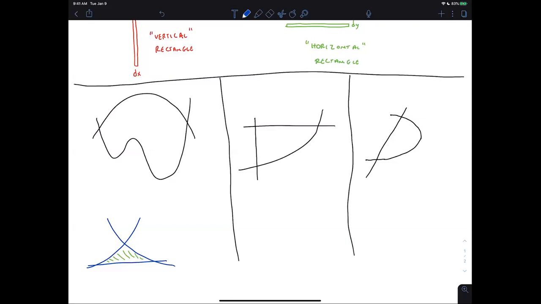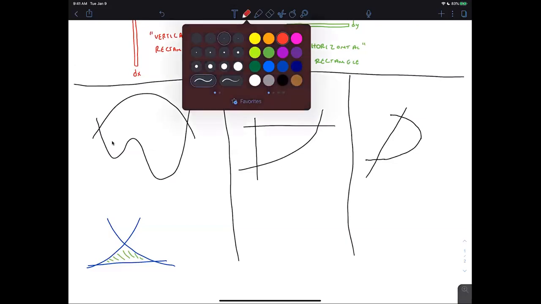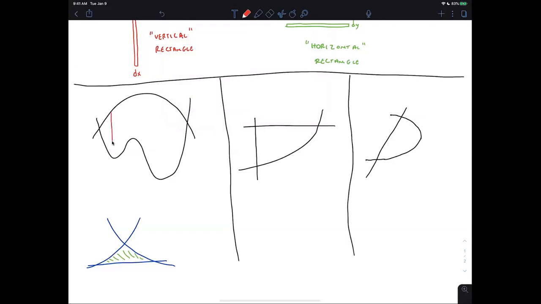Okay, so let's look at it. If we look at the one on the top left, would a vertical rectangle work well, where the boundary does not change? So if I draw in a vertical rectangle like this, is the top always on the same curve, no matter where it is in the region? Yes, the top is always on this parabola. Is the bottom always on the same curve no matter where it is in this region?